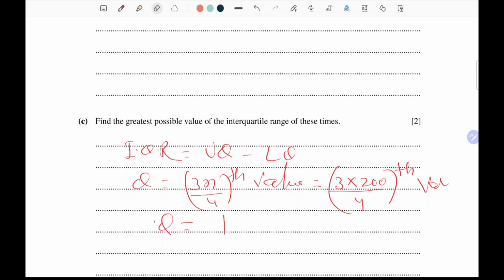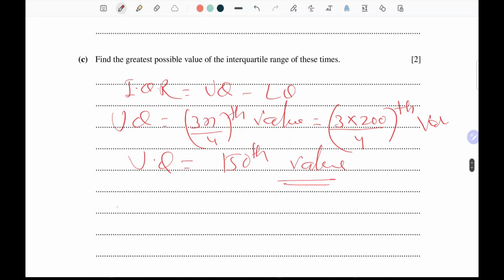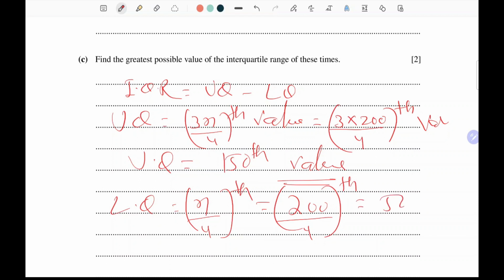This is the upper quartile, sorry, not lower quartile. So this is the 150th value we need to find. Now for the lower quartile, n/4th value we have to find. So that's 200/4. How much? 50th value.